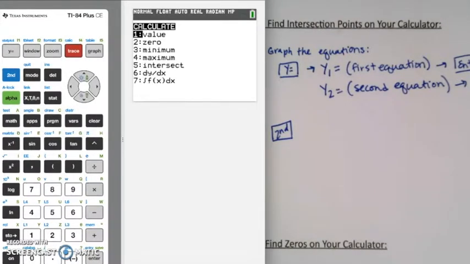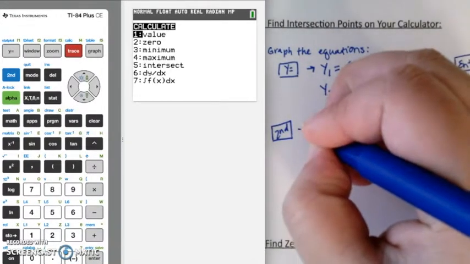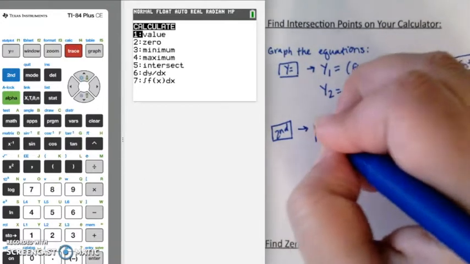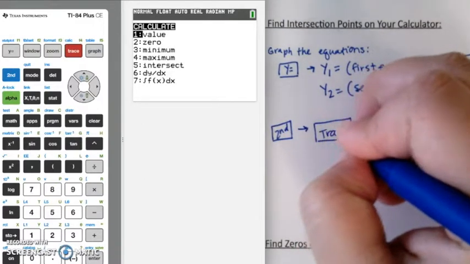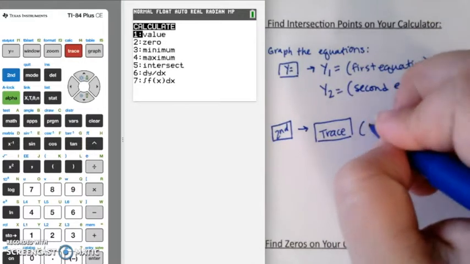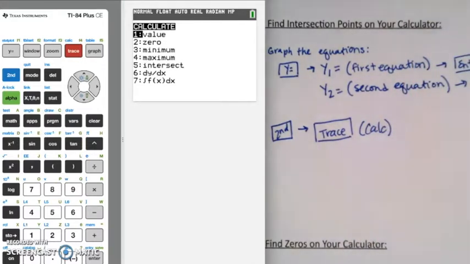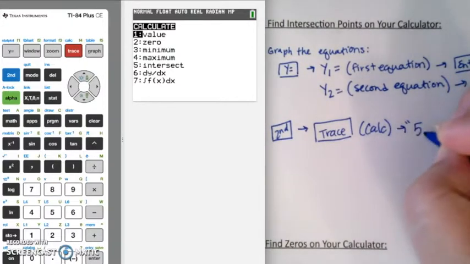Okay, so we did second, and then we hit the trace button, which was really to calculate. Notice the fifth option here is intersect. So we're going to hit option 5, which is intersect.